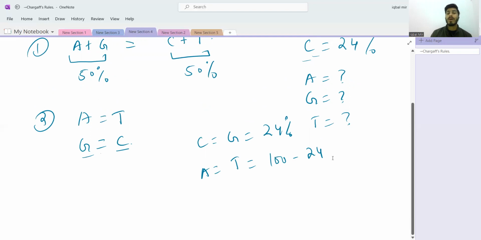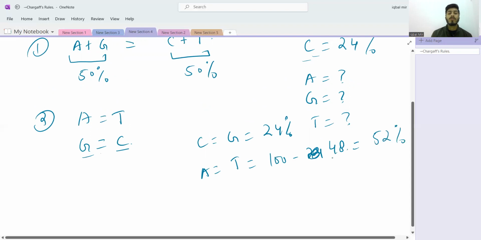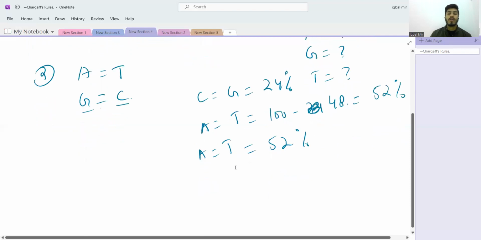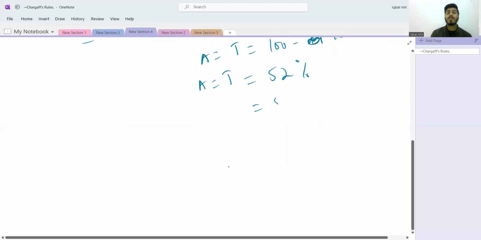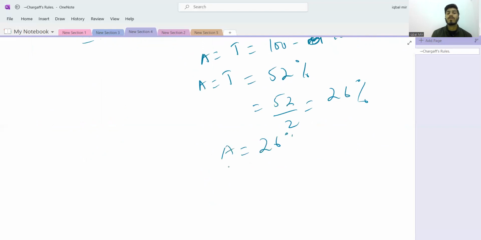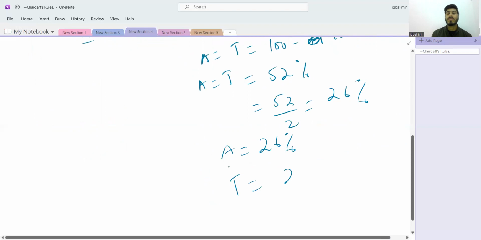So 100 minus 48, it will remain 52%. So adenine is equal to thymine is equal to 52%, or it becomes 52 divided by 2, which becomes 26%. So adenine is equal to 26%, thymine is equal to 26%.